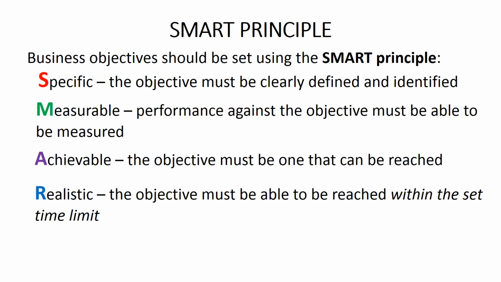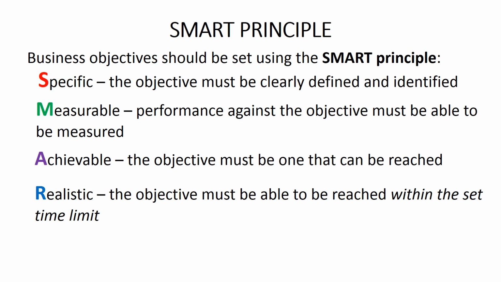However, it may be that the business could increase its market share by 5% within, say, 5 years, not within the 1 month that is set out within the business objective itself. So in that case, the business objective is achievable but not realistic.